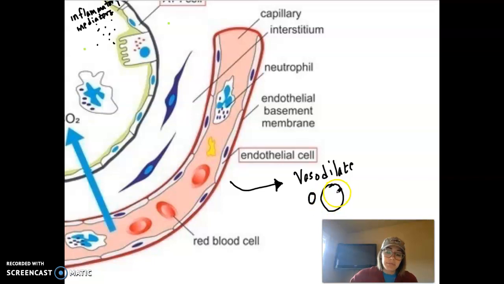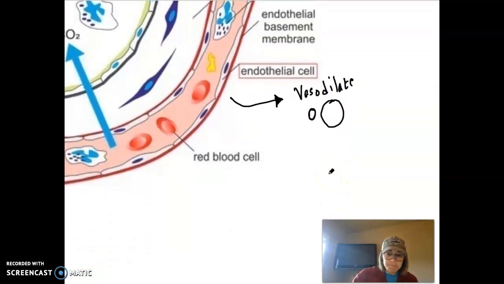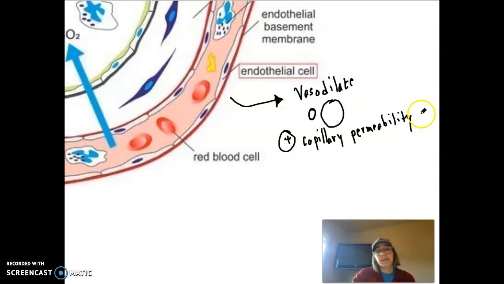As a result of this vasodilation, though, we are going to get increased capillary permeability. Now, if we think back to our diffusion work that we've done, things move from a high concentration to a low concentration, right?